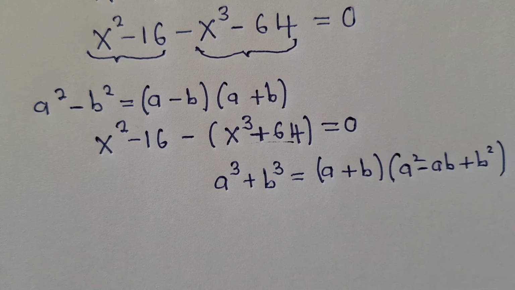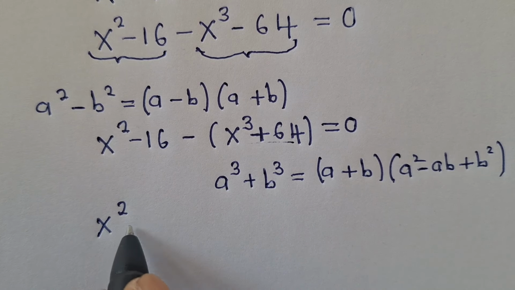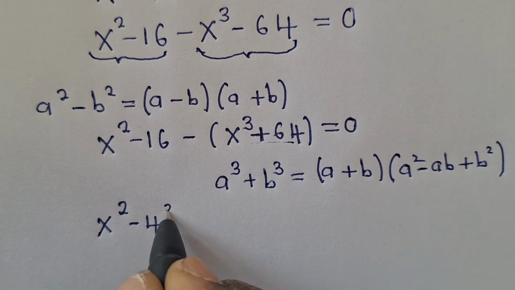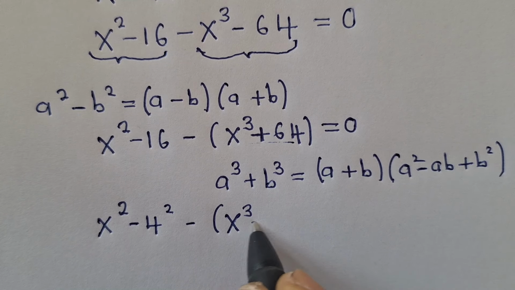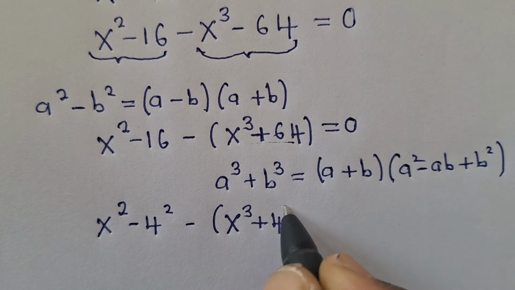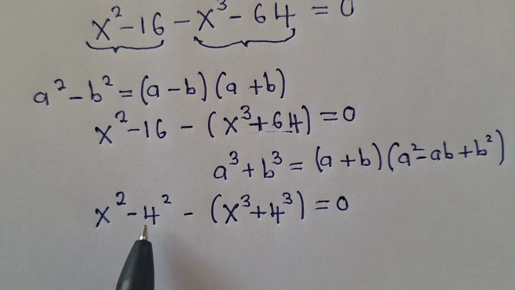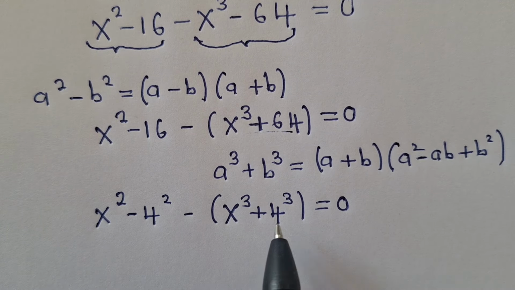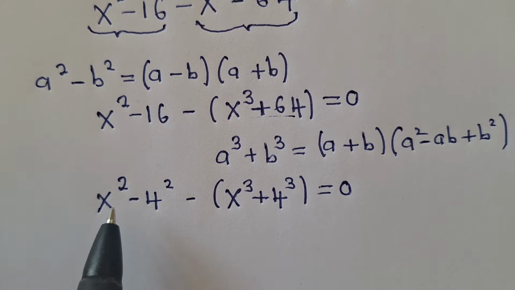So before we start applying the two properties, let's rewrite our equation. That will be x^2 - 4^2 - (x^3 + 4^3) = 0. And I guess you know that 4^2 will give us 16, and 4^3 will give us 64. So now this property can be applied at this point.